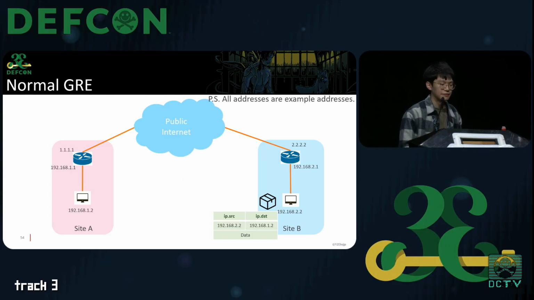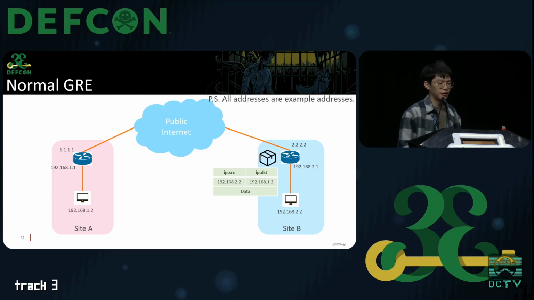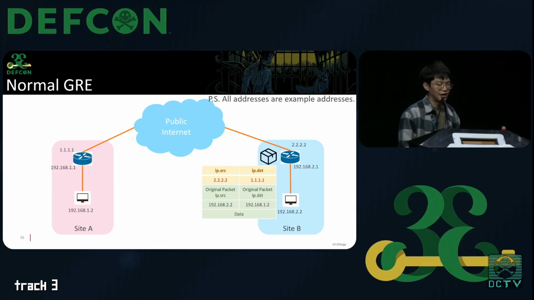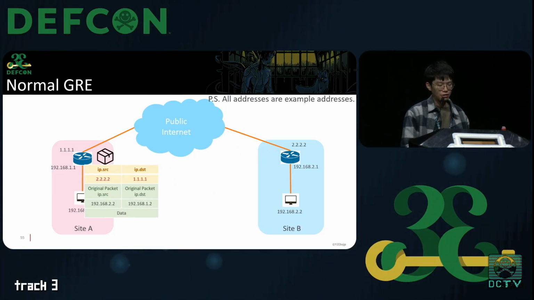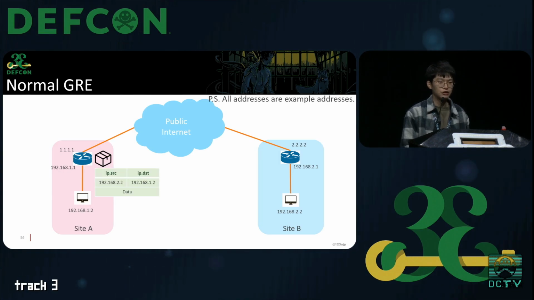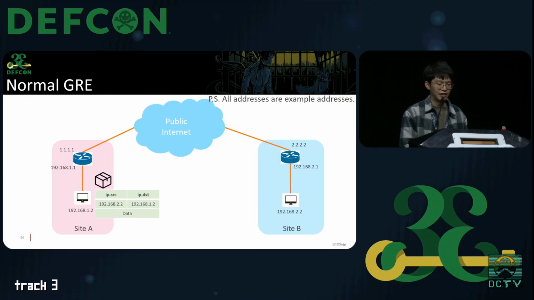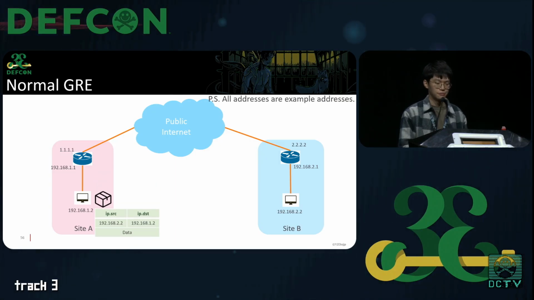And then the 2.2 receives the packet. And if it wants to respond to the packet, it is vice versa. The packet will be sent back to its default gateway, which adds the GRE header and sends it back to the 1.1.1 router, which removes the GRE header and sends it back to the 1.2.